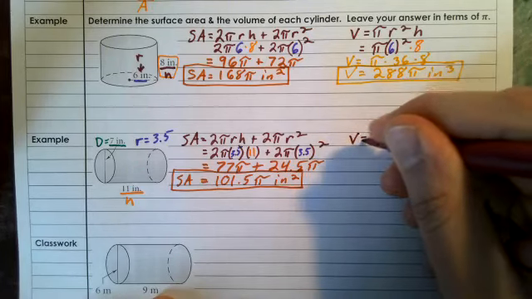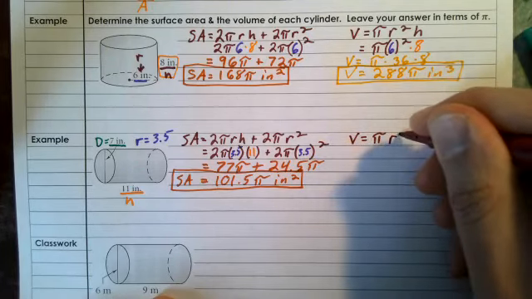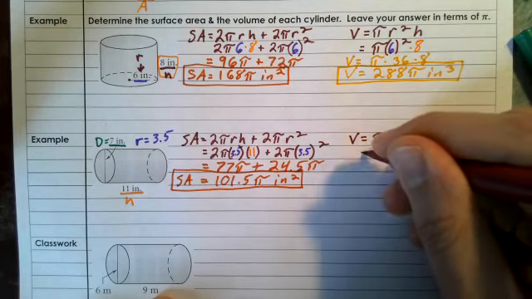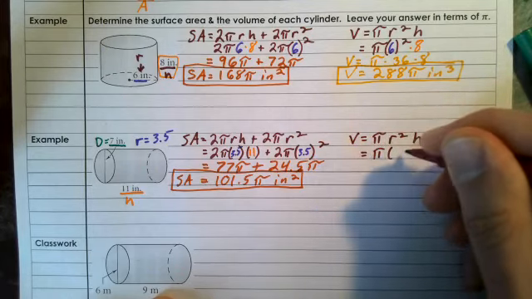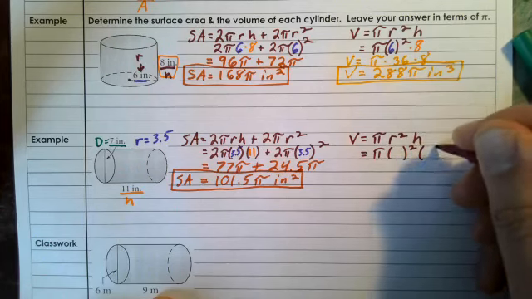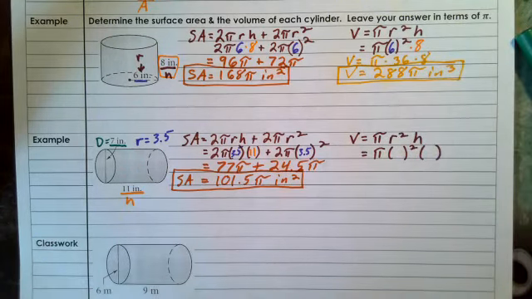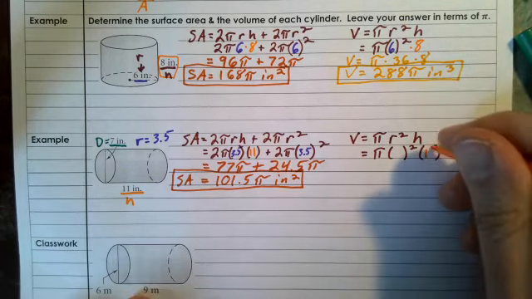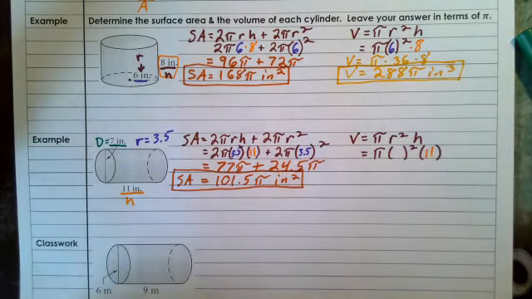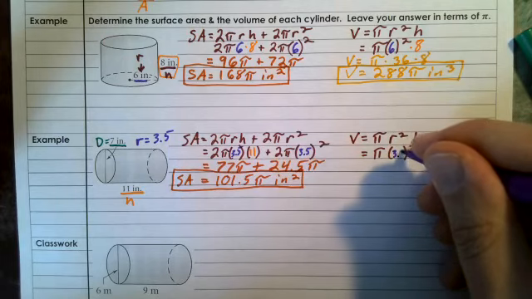To find the volume, we use pi r squared h. So our volume is going to be pi, our radius squared, times our height. Our height was 11. I've got it marked over here. Our radius, again, don't grab the diameter, grab your radius. So that's 3.5.